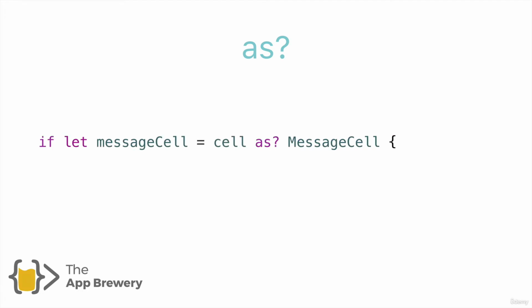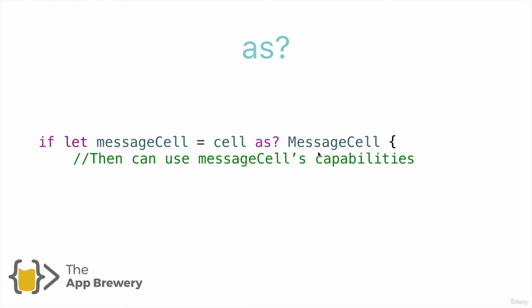So the as keyword is a slightly safer way of performing this downcasting capability. Instead of simply just saying, cell is definitely going to be convertible to message cell in all cases, when you're not sure, it's better to actually use an as question mark. So this way, we only actually do the casting if it actually can be cast as the subclass.